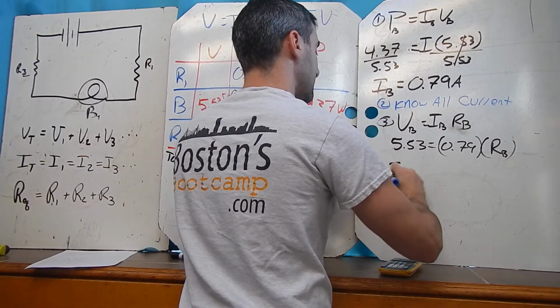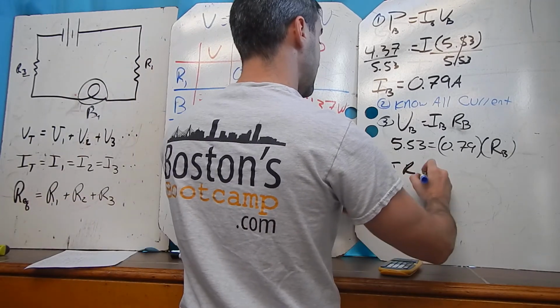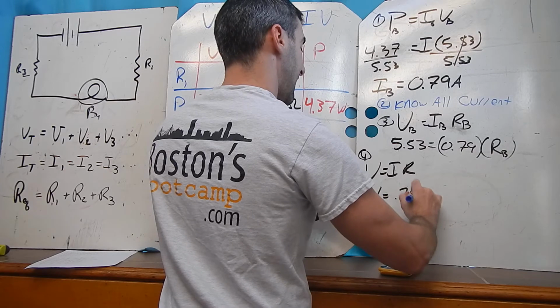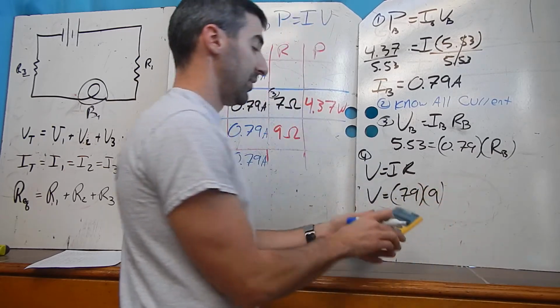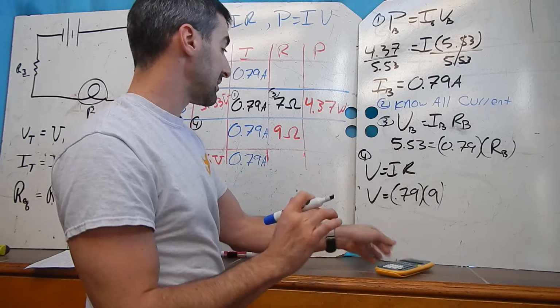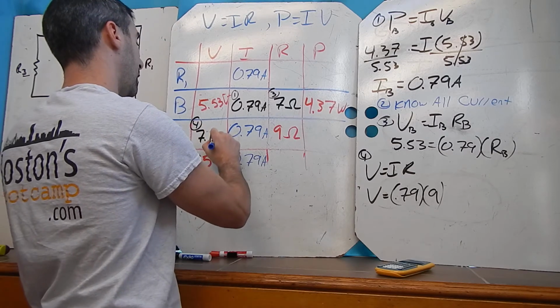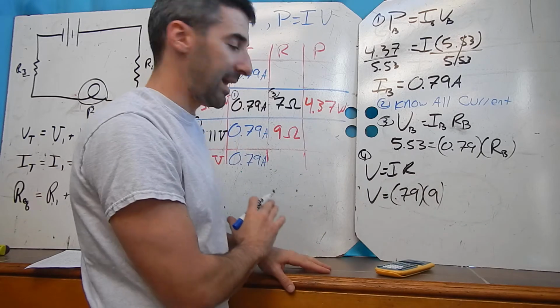V equals I times R. I'm looking for V, so this is just V equal 0.79 times 9. Can do that. 0.79 times 9. That gets me 7.11 volts. I'm starting to leave some room here because I'm running out of boardroom.